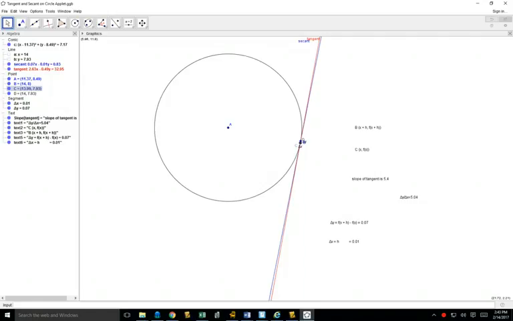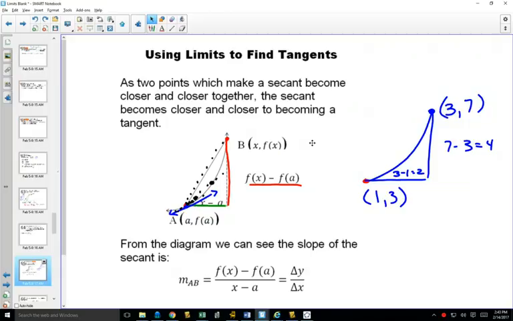So if I try to move it even closer, here we go. And there's a little point in there. Now I'm really close to being the same. So as I move that point closer and closer, I get closer and closer to the slope of my tangent.